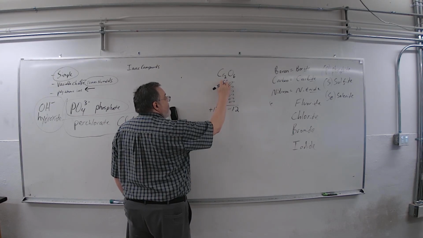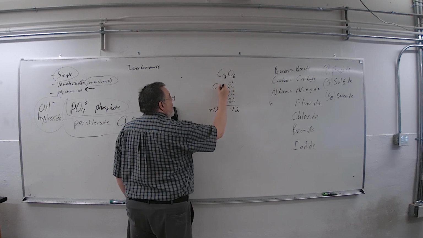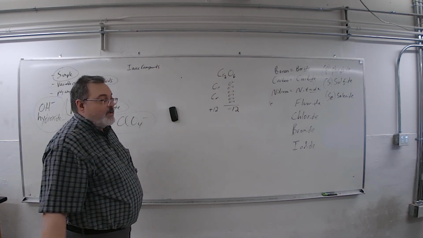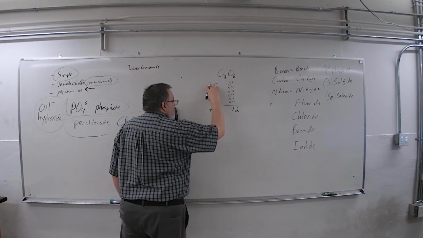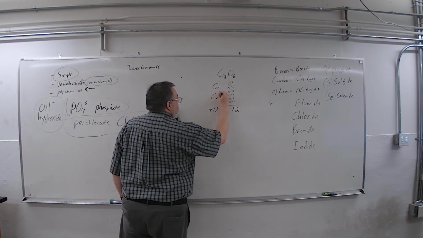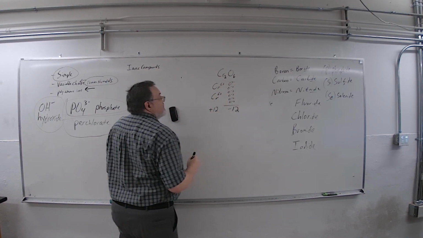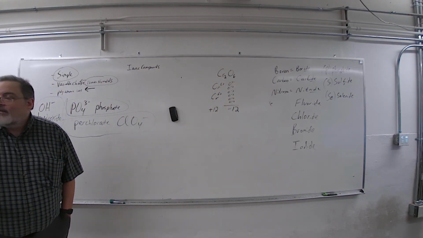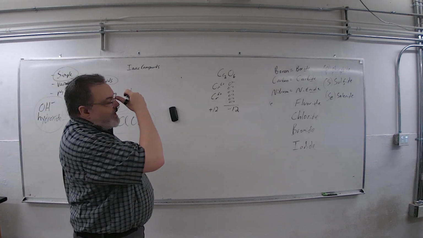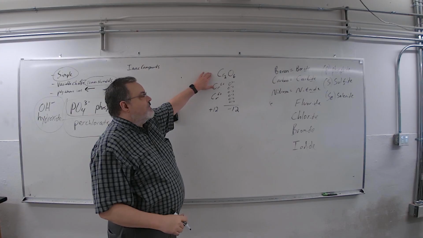That means on this side, I must have +12 from what's here. But notice there's 2 of them. So I write them in like this. I just tabulate them. There's 2 of them, so I write them here. I've got to split that 12 among 2 of them. So it's chromium 6 oxide.